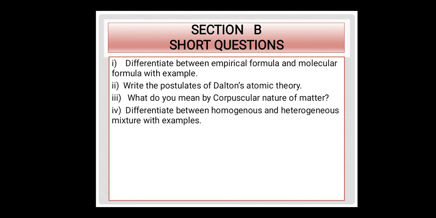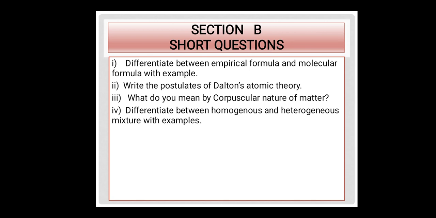For example, the molecular formula of benzene is C6H6. The number of carbon atoms in a benzene molecule is 6 and hydrogen atoms is 6. Their ratio is 6:6. That is the actual number of carbon and hydrogen atoms present in a benzene molecule.